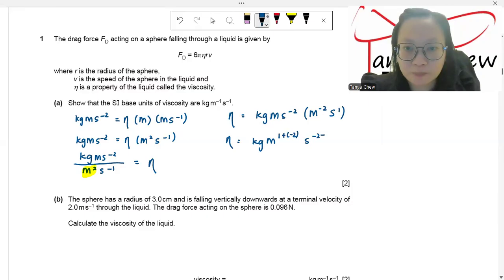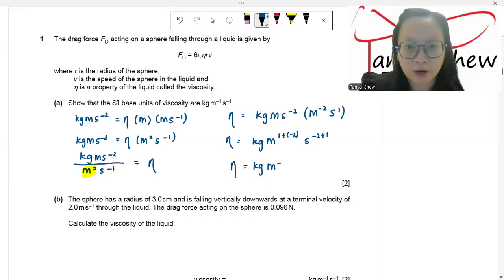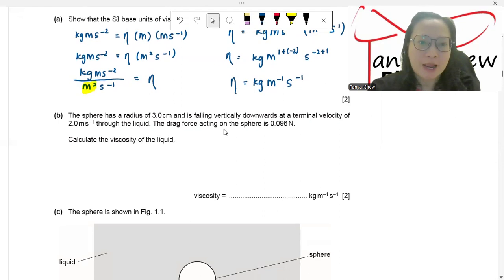Negative 2 plus 1. Then you are left with kilogram meter, 1 plus negative 2, you get negative 1. Second, negative 2 plus 1, you get negative 1. Ta-da! Proven.